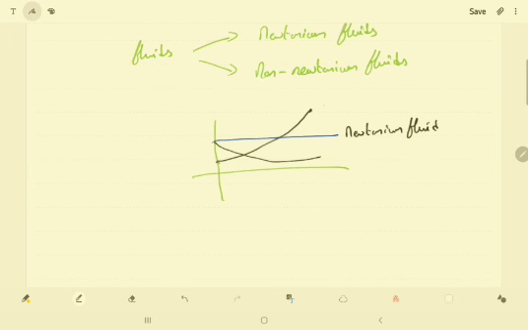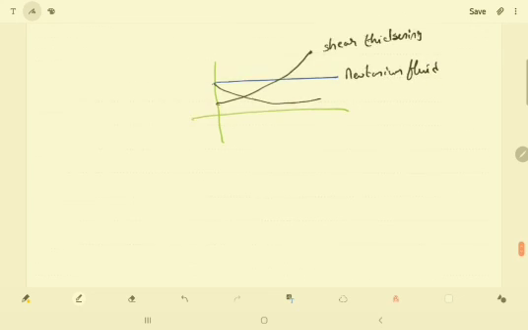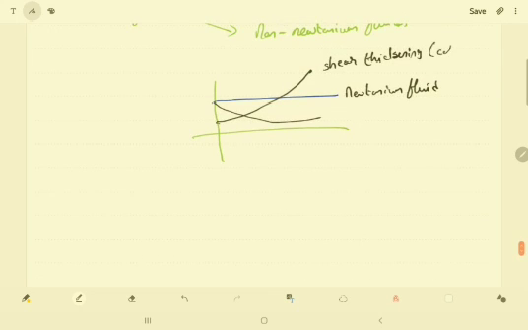This upper line indicates shear thickening, which means colloidal solutions. And this lower line indicates shear thinning, which means polymer solutions.